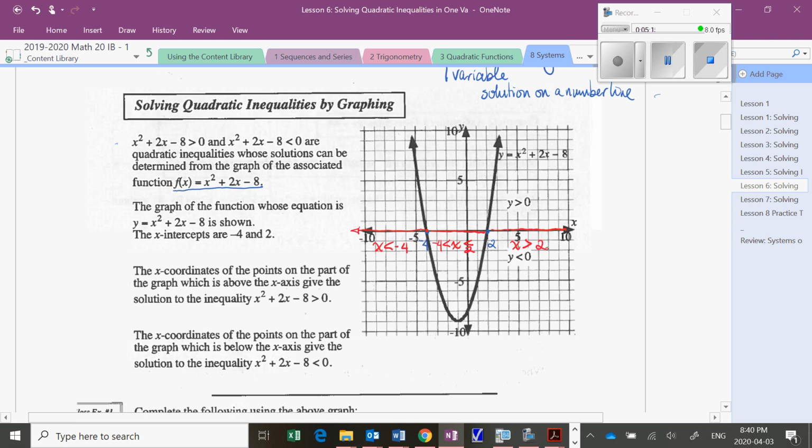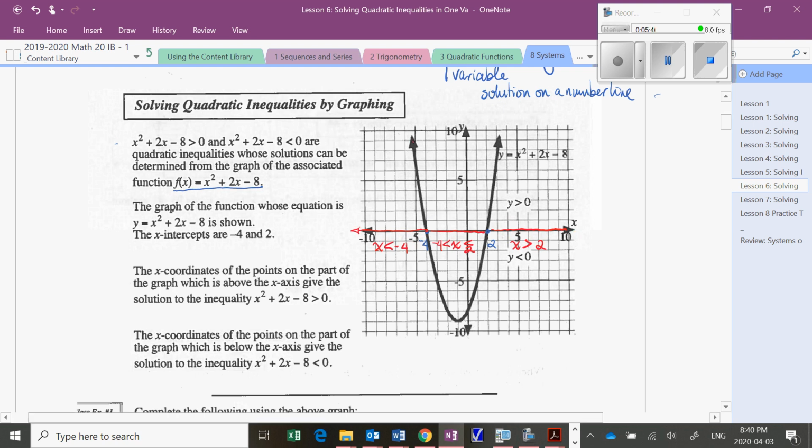Essentially our quadratic, if it has two x-intercepts or two roots for the equation, splits our x-axis into 3 intervals. What we're looking for is what interval or intervals provide us values where our graph is greater than 0.